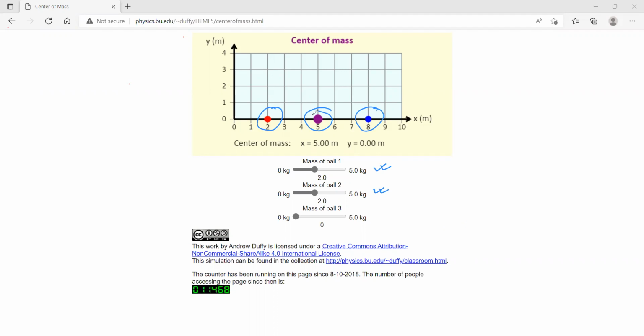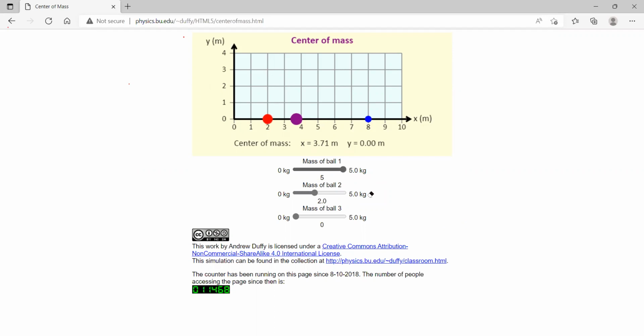But when the masses are not equal, then it is problematic. For example, let's see if I change the mass of ball 1. You see that I'm making the red object big.